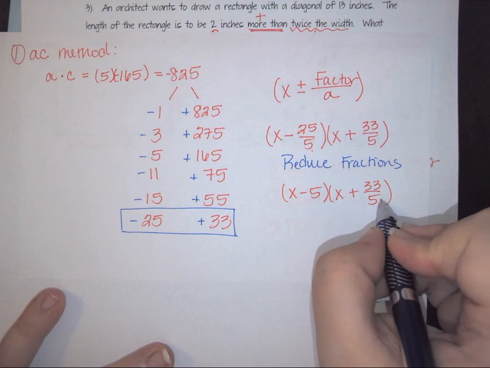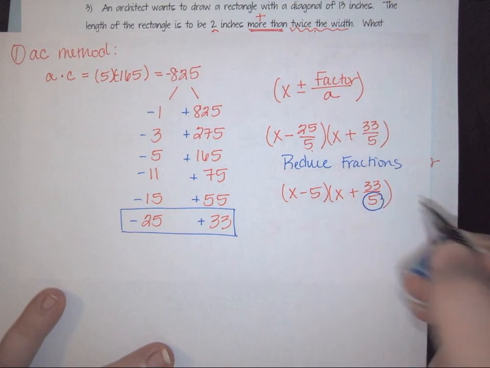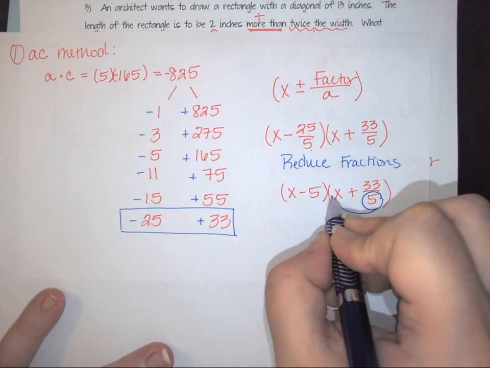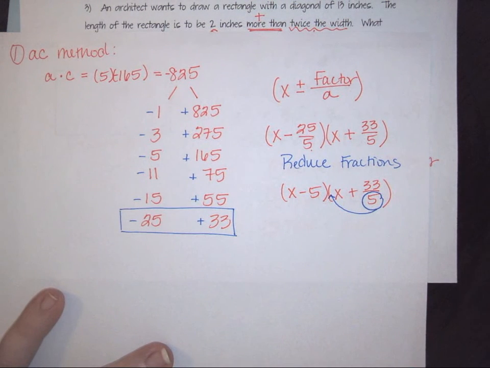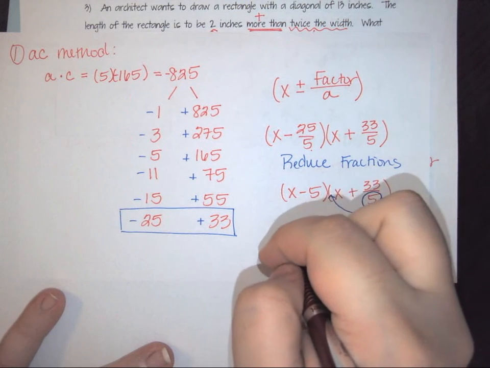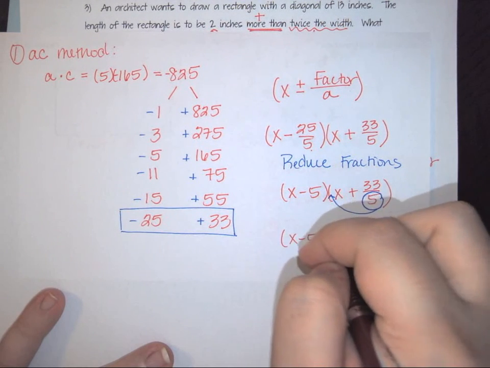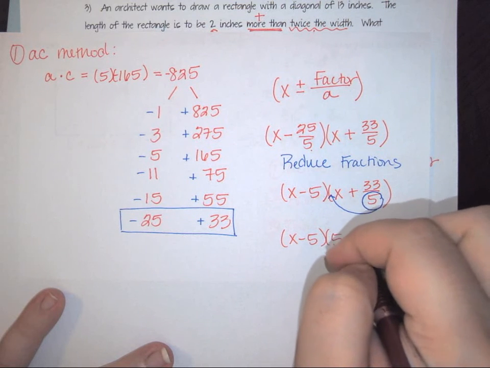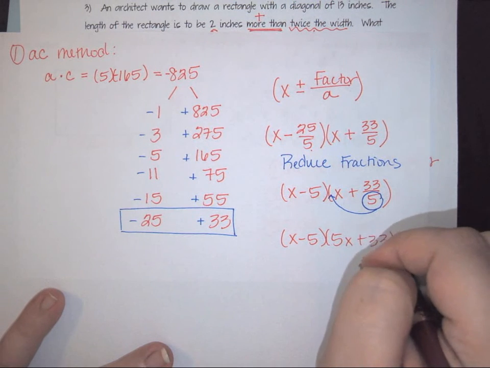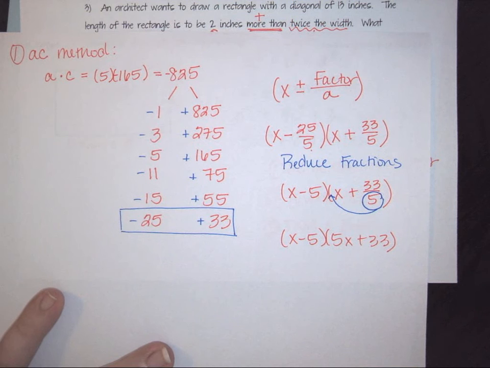Now this is where we have the bottoms up piece, so anything left in the denominator comes up to be the partner coefficient of your variable term. So this is going to be x minus 5 times 5x plus 33. And there we have our factors.